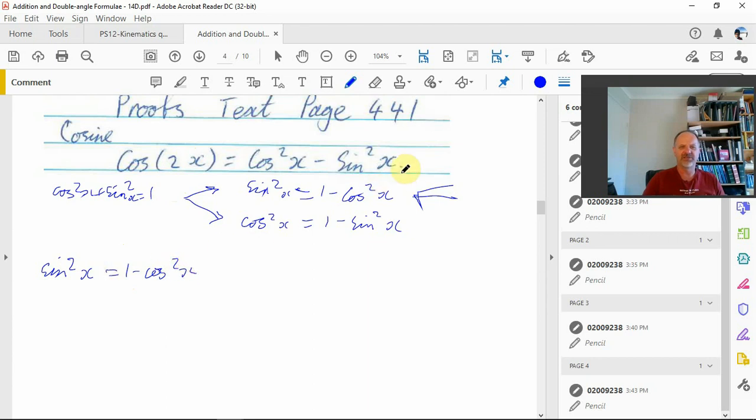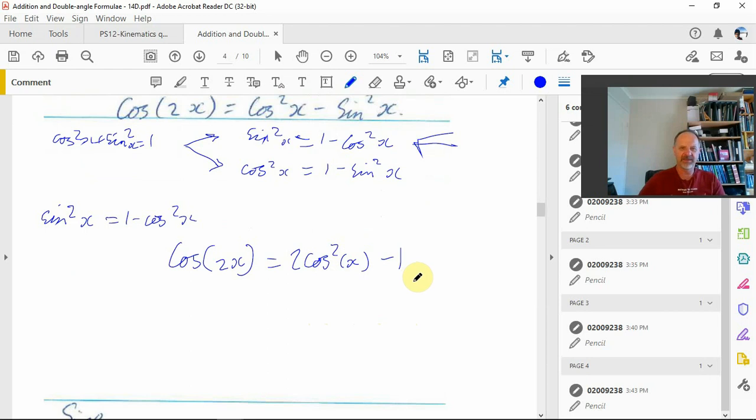If I make that substitution here, what I end up with is that cos 2x will be equal to 2 cos squared x minus 1.